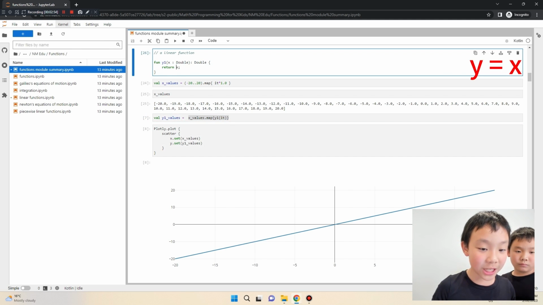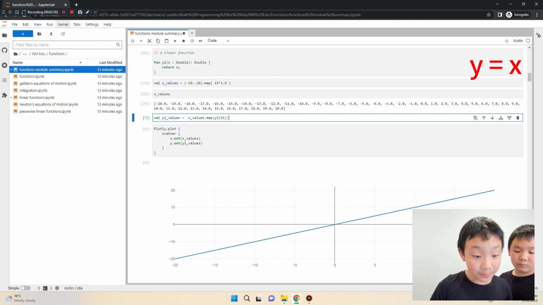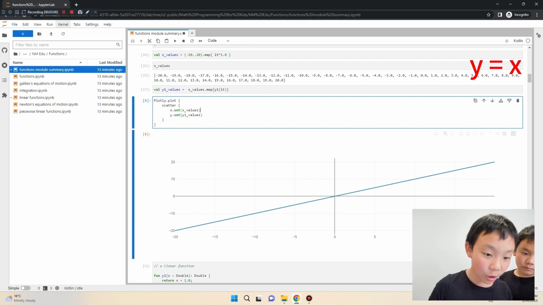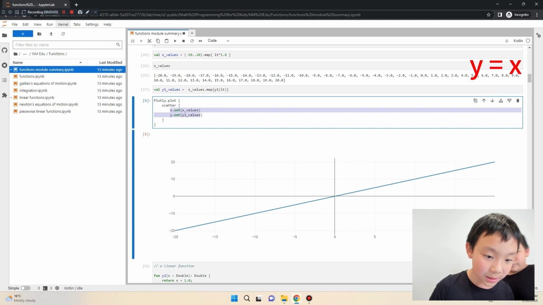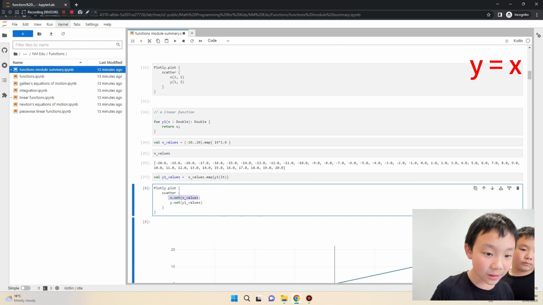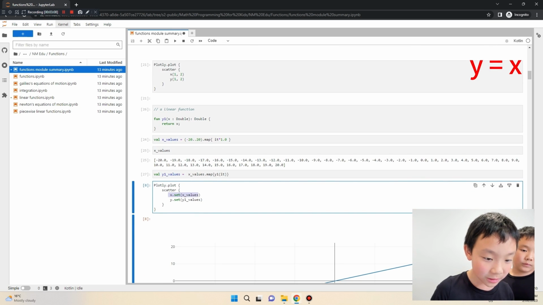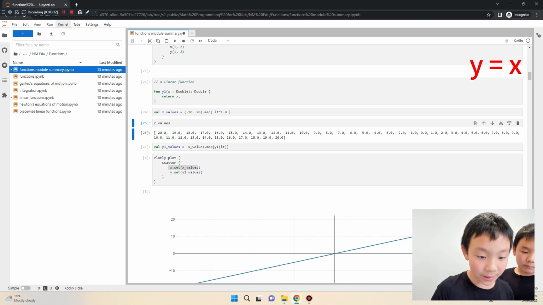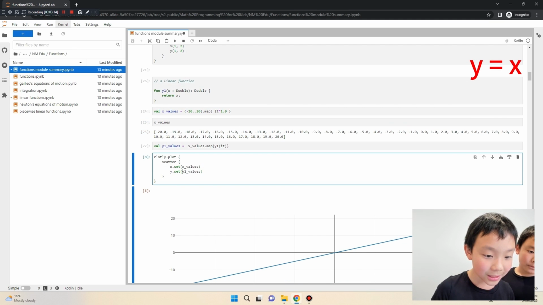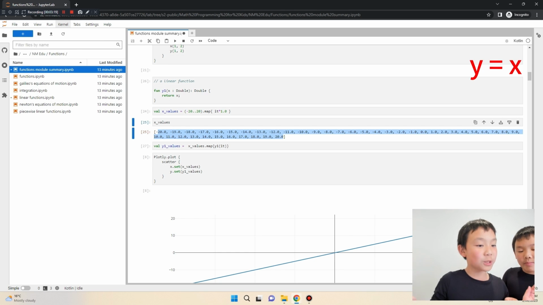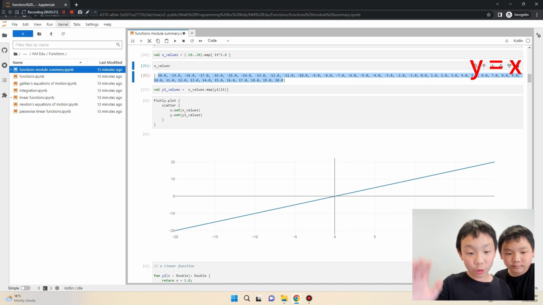So if we get that, it should be the same as the x values. These two lines mean the x points are set to the x values, and the y values are the same thing but with the function y1, the identity function, called upon it. So it's the same thing.